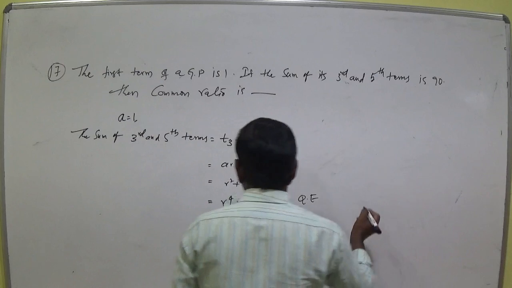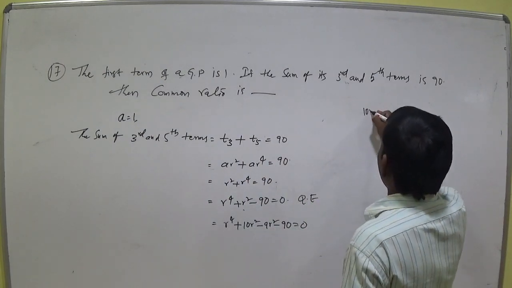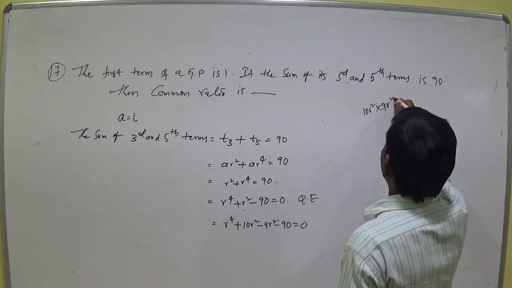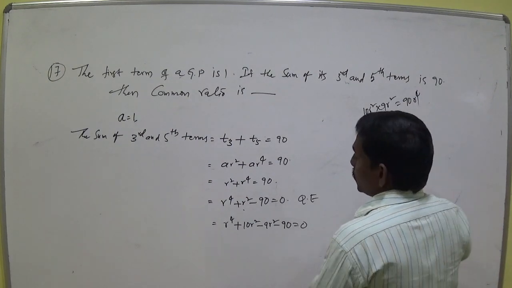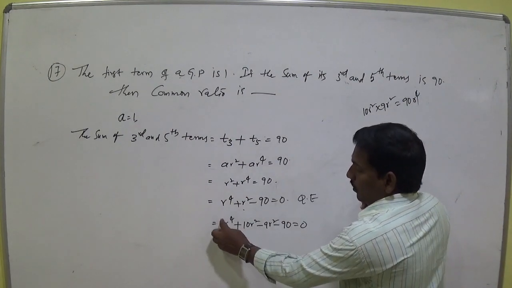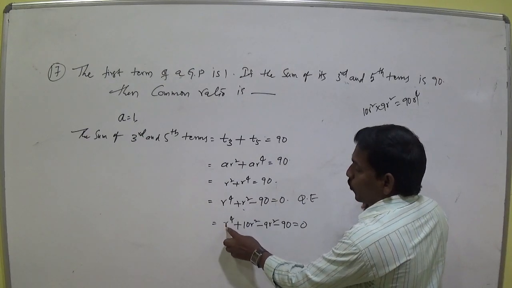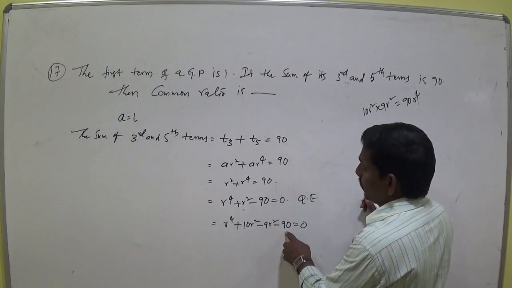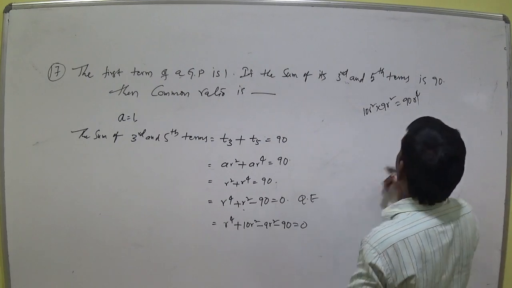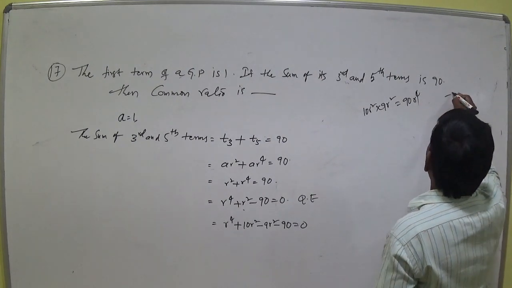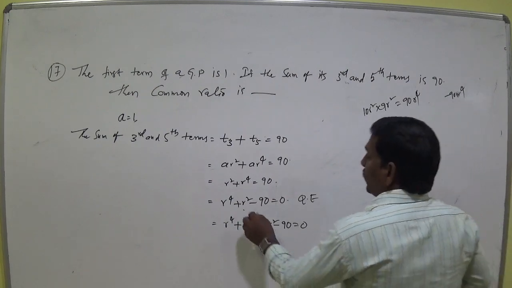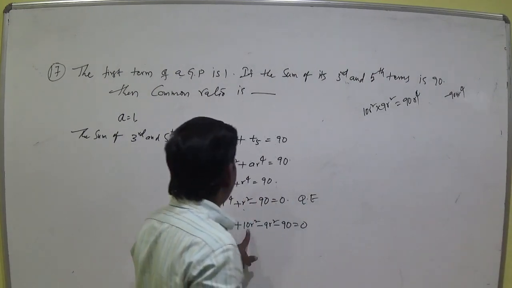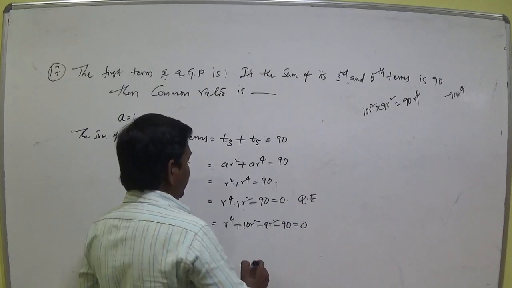Why? Because 10R square into 9R square gives 90 R power 4. That's why the middle term is split as 10R square minus 9R square.